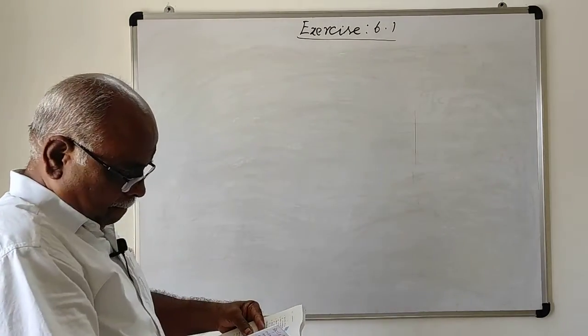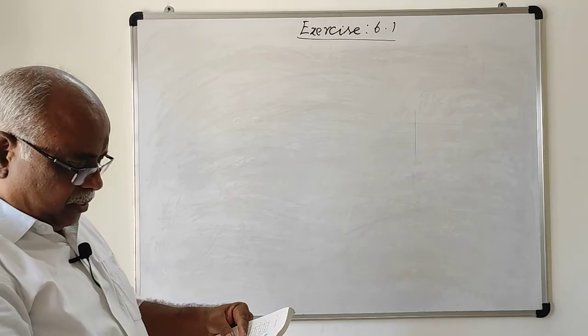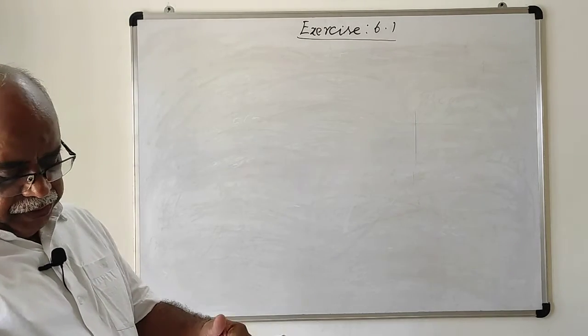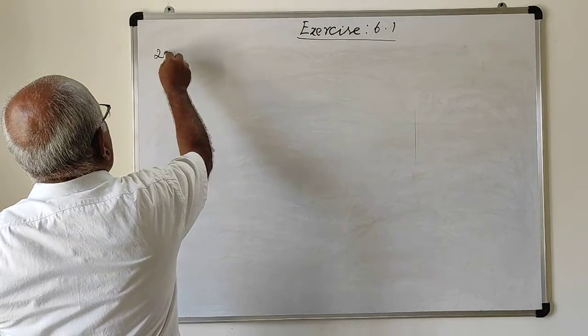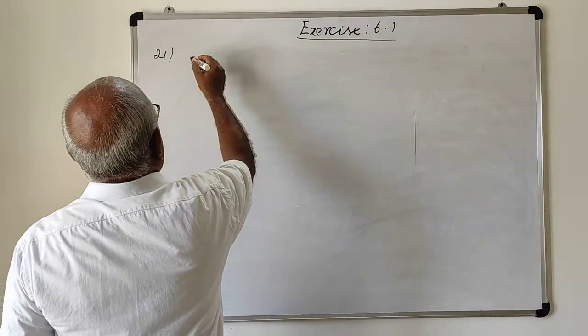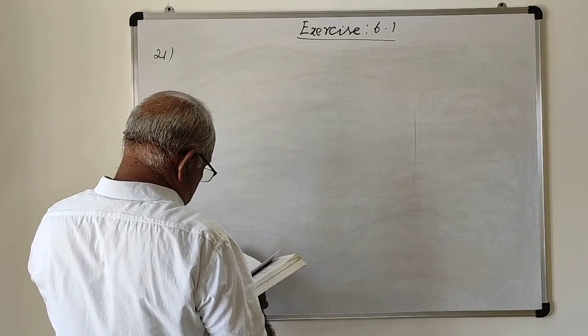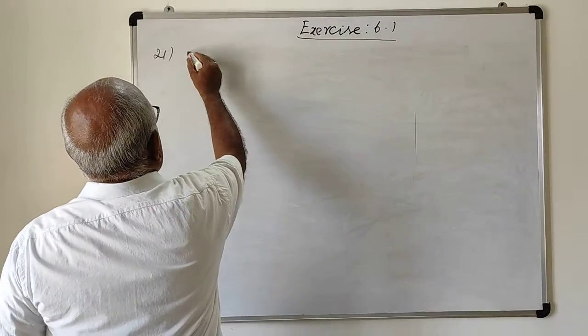Find the minimum marks he should get in the third unit test to have an average of at least 60 marks. Problem number 21.